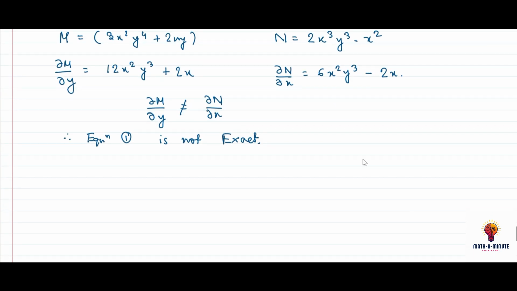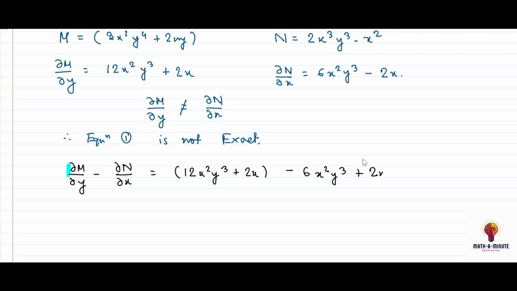So now for that we have to check the difference of del M by del y minus del N by del x. It will be 12x squared y cubed plus 2x minus 6x squared y cubed plus 2x.